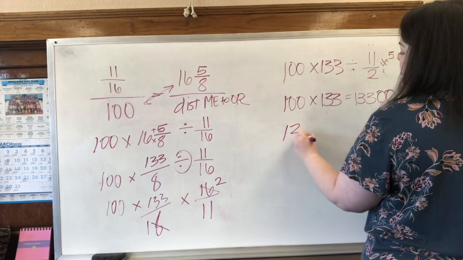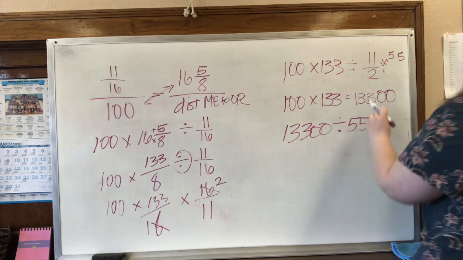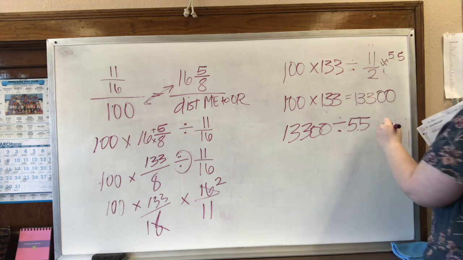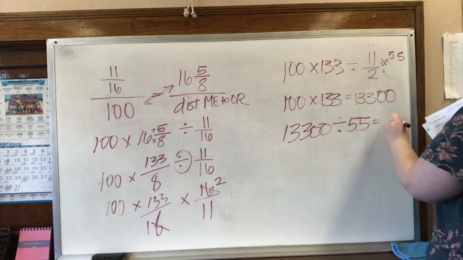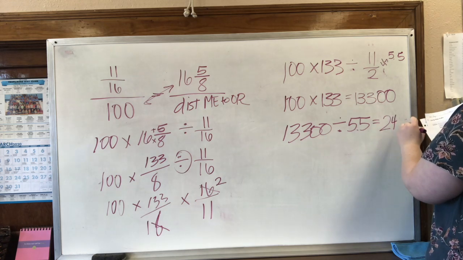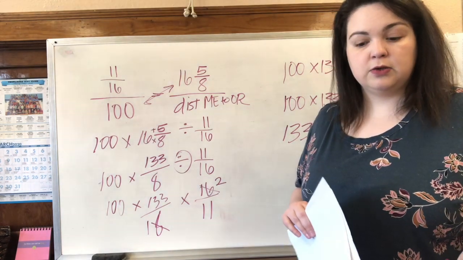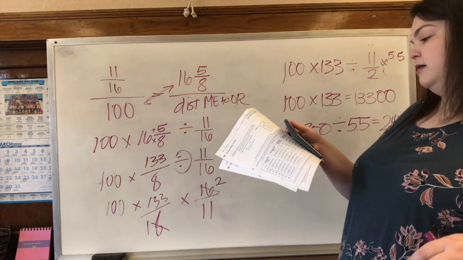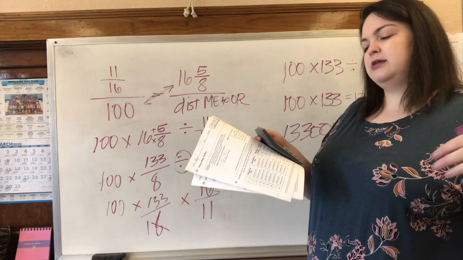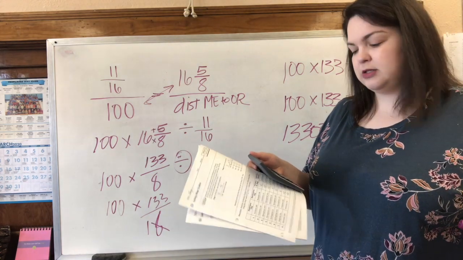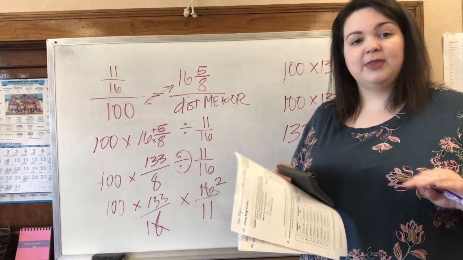So you're going to take 13,300 divided by 5.5, which is equivalent to 11 halves. And you're going to get 2,418. Now there's a decimal spot. I just want you to the nearest whole number. So in this equation it says 2,418.18 miles. The 1, you leave it as is. So your answer is going to be 2,418. That's it.